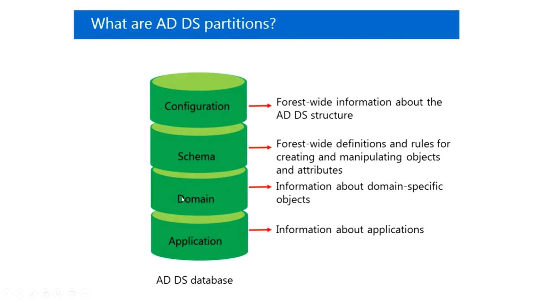The domain partition will contain the information about the domain specific. So when we create the domain, it will contain all the information about the specific domain. And the application partition contains the information about the applications.